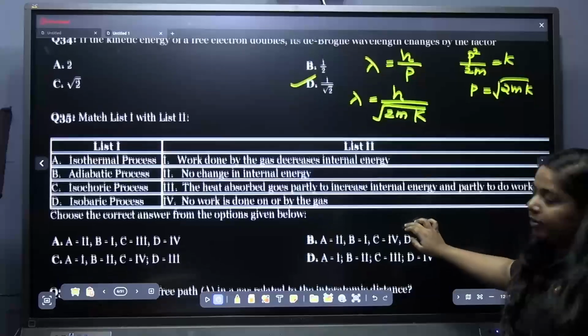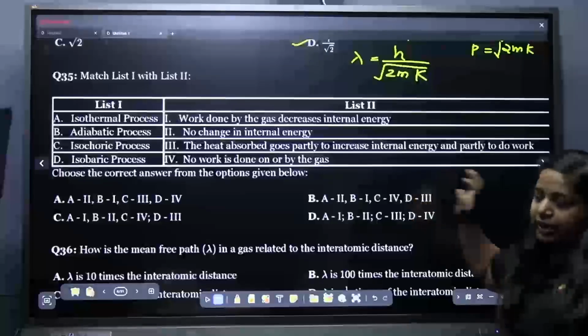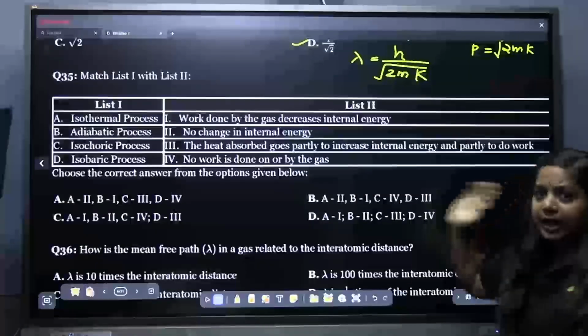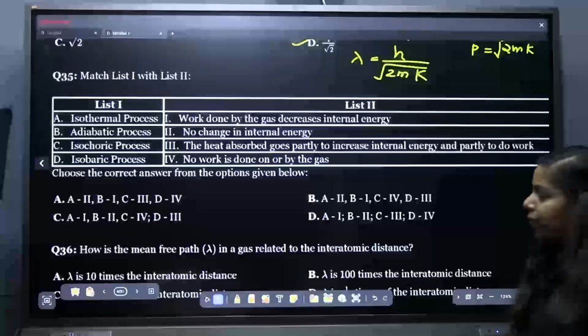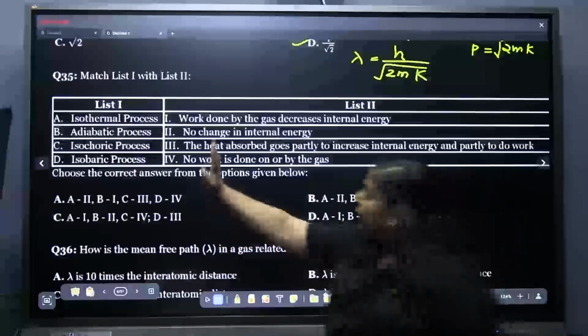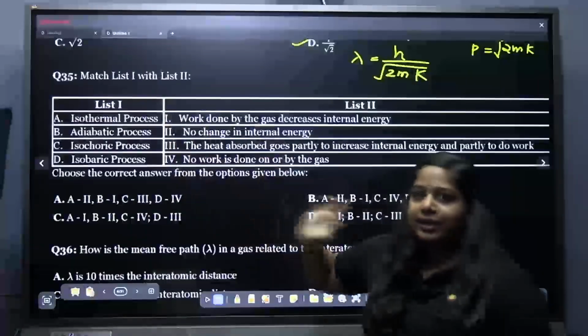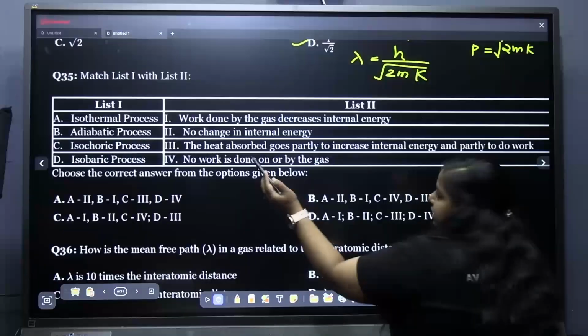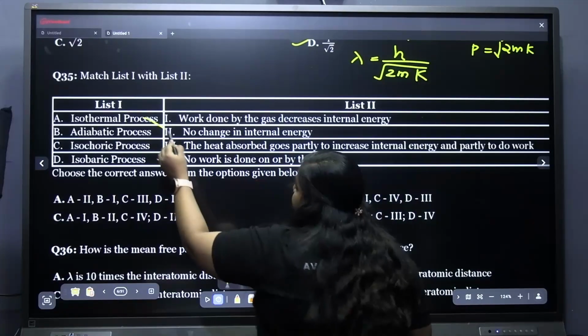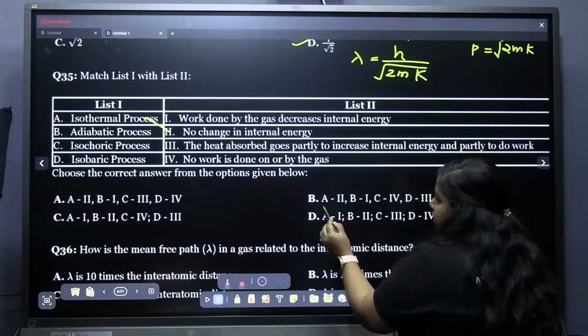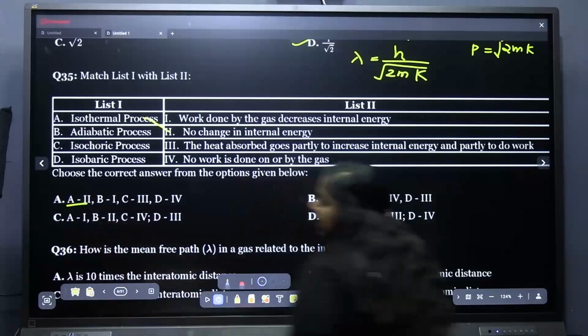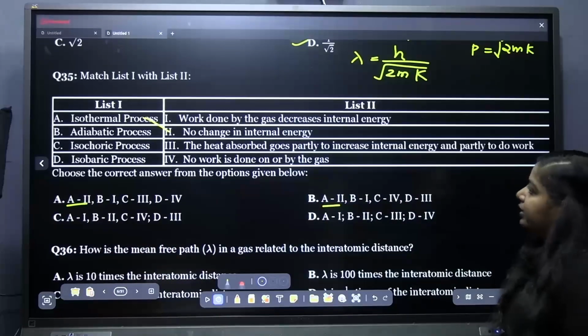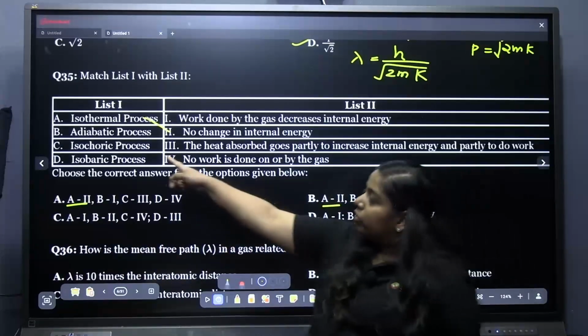Next one, again match the following. Take any one or two and find to match it. Okay, isothermal process. We know the change in internal energy will be 0. So A to 2. For A to 2 there are two options, A and B. Then next take isochoric process.